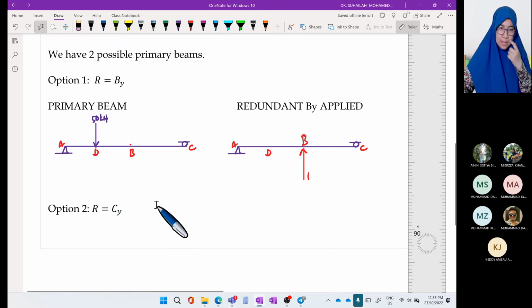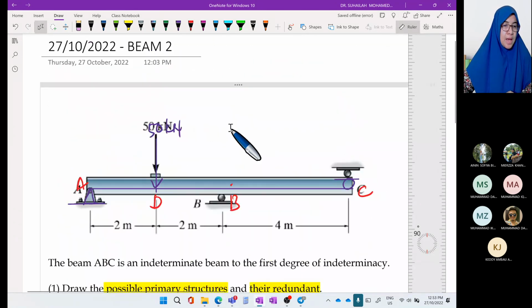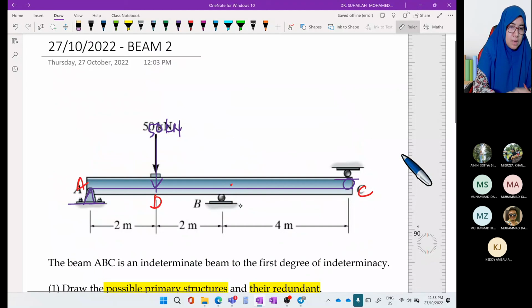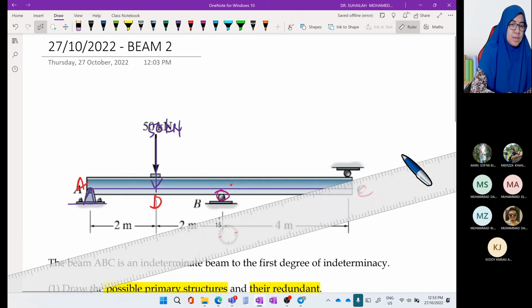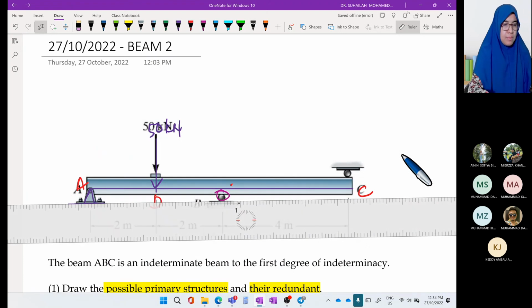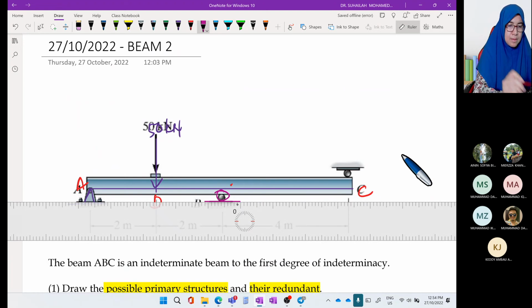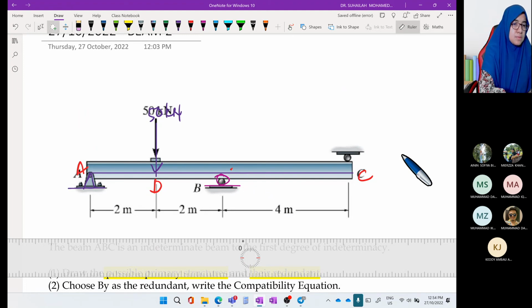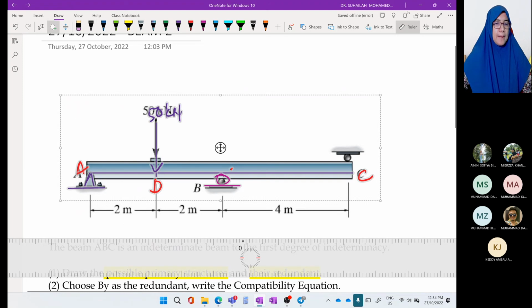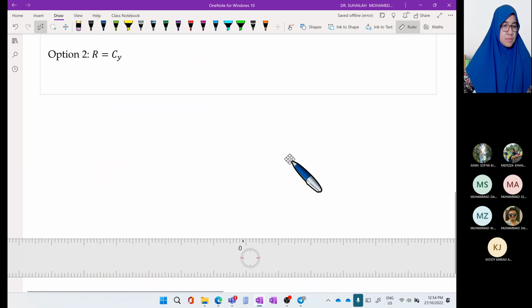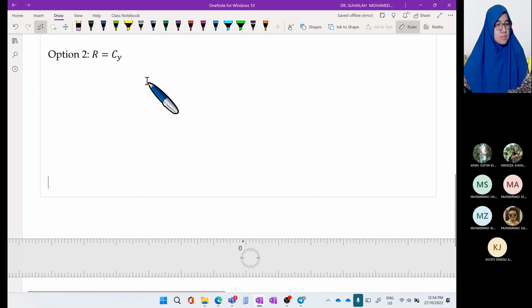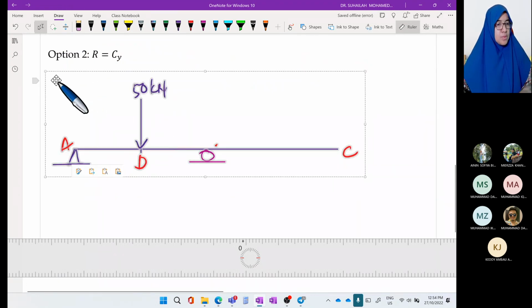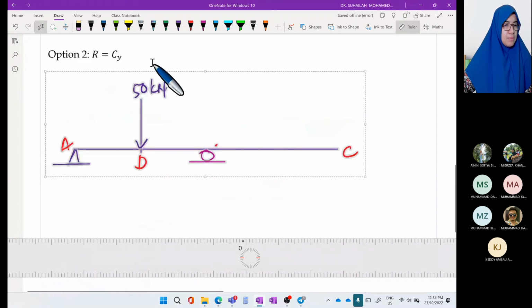So for CY as the redundant, we have to remove roller C and remain the roller at B. Okay, it is just like this. So we have the primary beam.